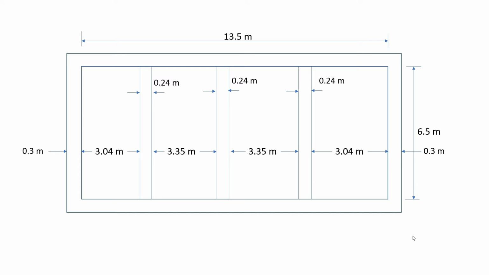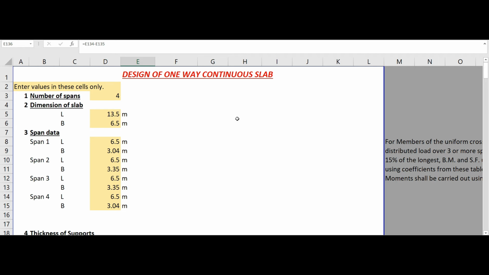The beams supporting the slabs are 240 mm in thickness. This whole slab is divided into 4 panels of length and width as per the following data.